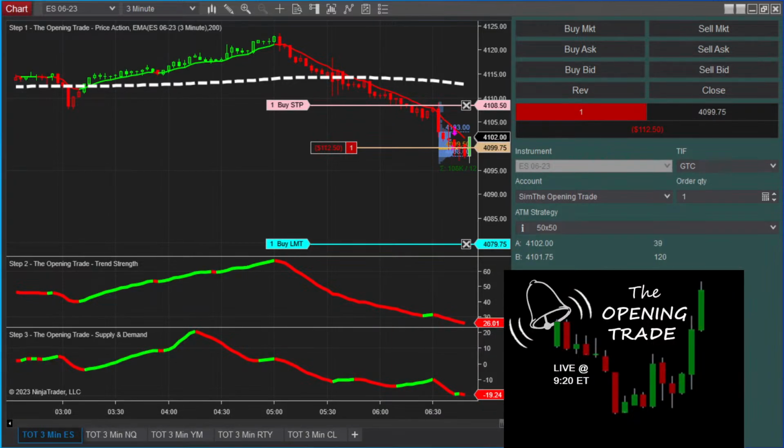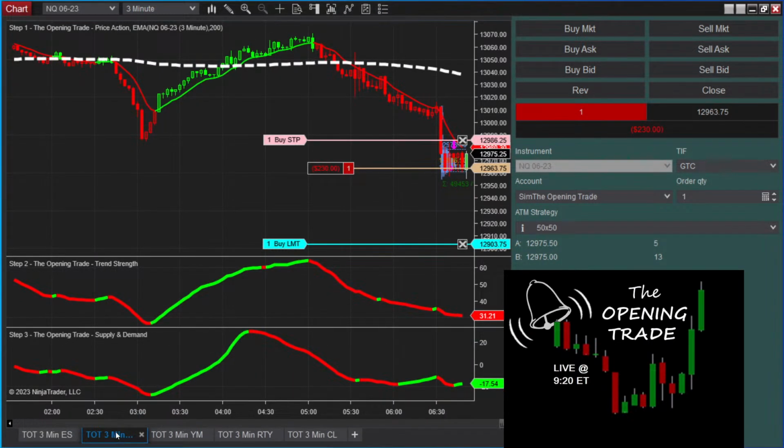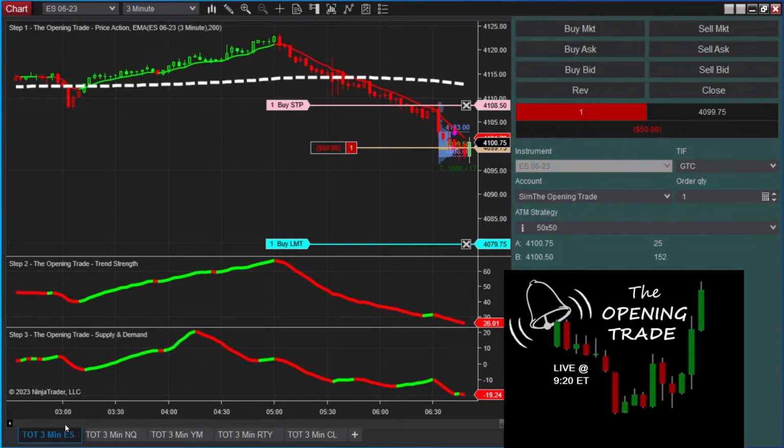Well, what is going on now? We could potentially get stopped out. Hopefully not. Hopefully it'll turn around and fix itself.